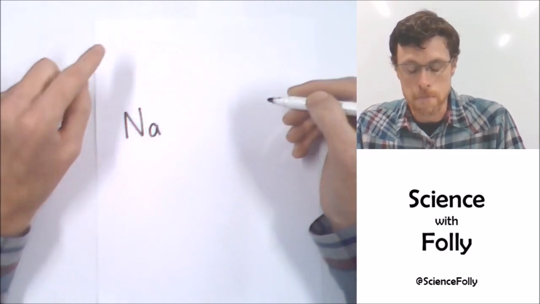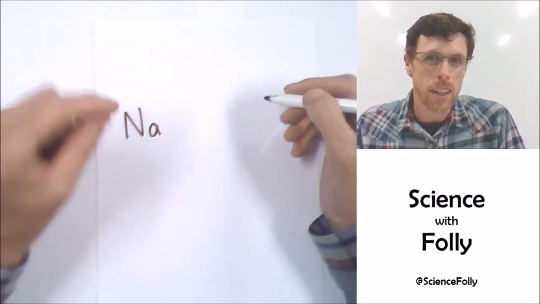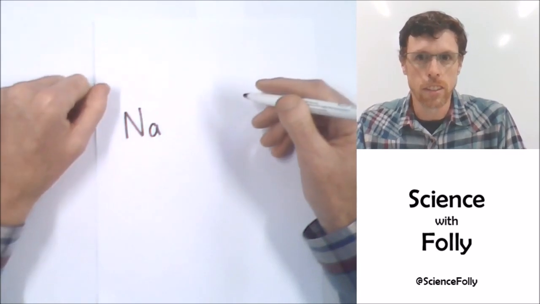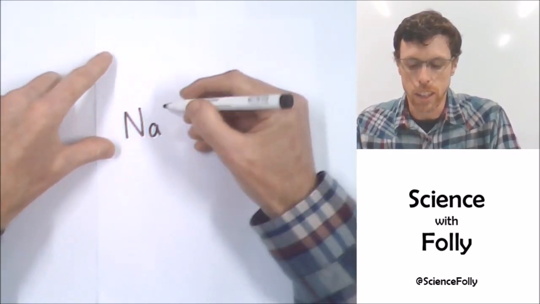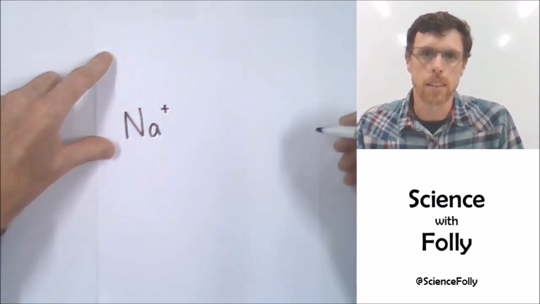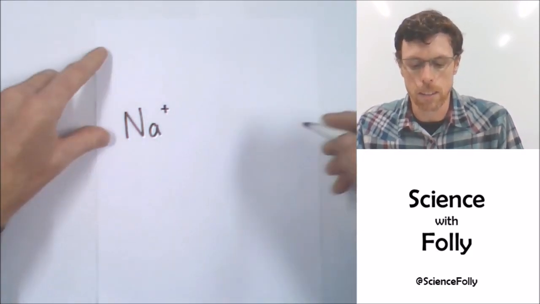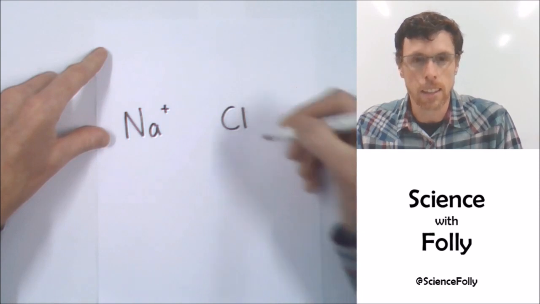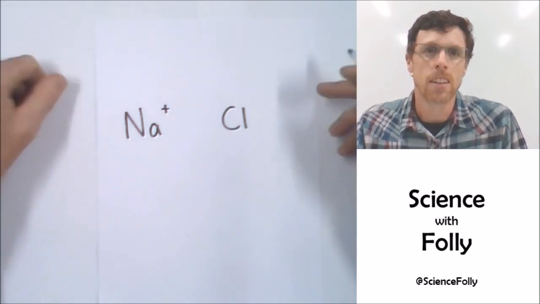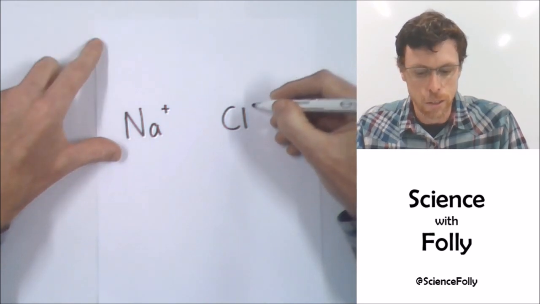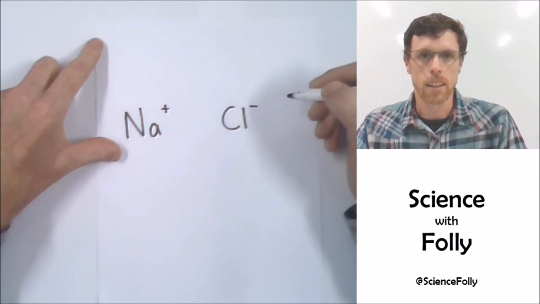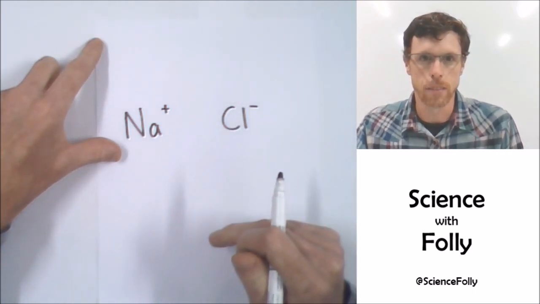Sodium is in group 1. Remember, group 1 elements lose 1 electron, so sodium loses 1 electron and has an overall positive charge, and so we put a plus there, and it is a sodium ion. Chlorine, on the other hand, is in group 17. It gains 1 electron, and therefore it's got an overall charge of 1-, and now we call it chloride.